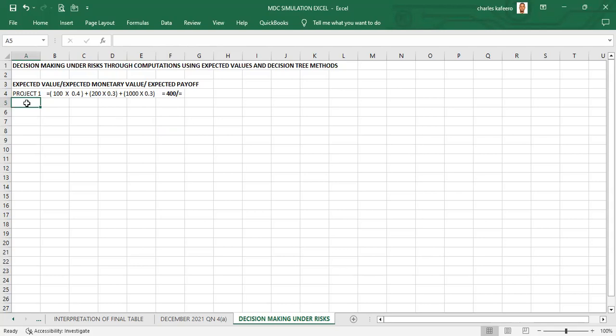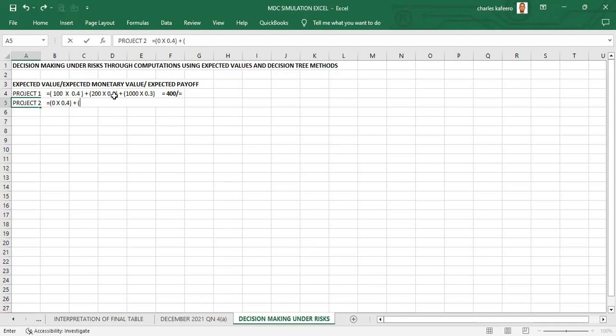So we go to project 2. Project 2 is also going to equal the 0, which is the first outcome that we have. We multiply by the probability, which is 0.4, close the bracket, then we add the next state of nature, which is static.